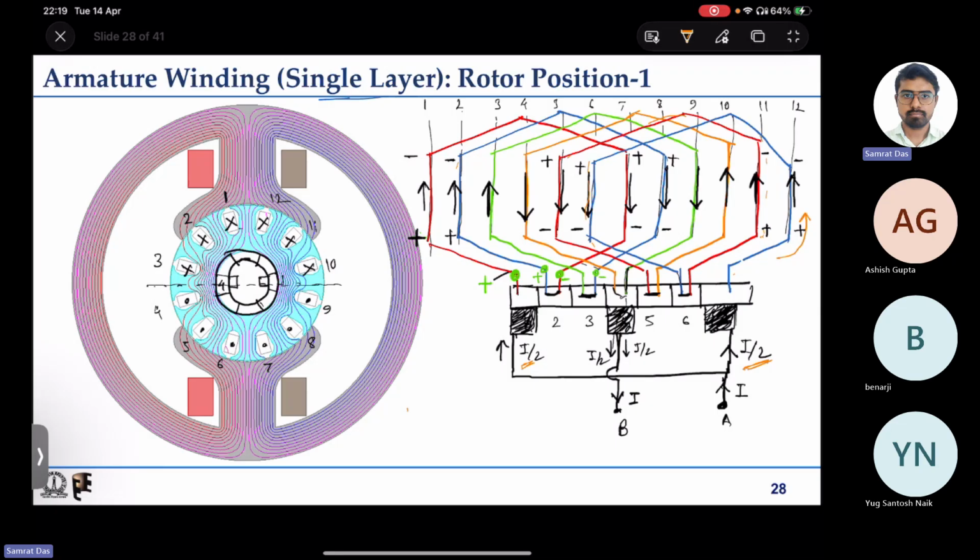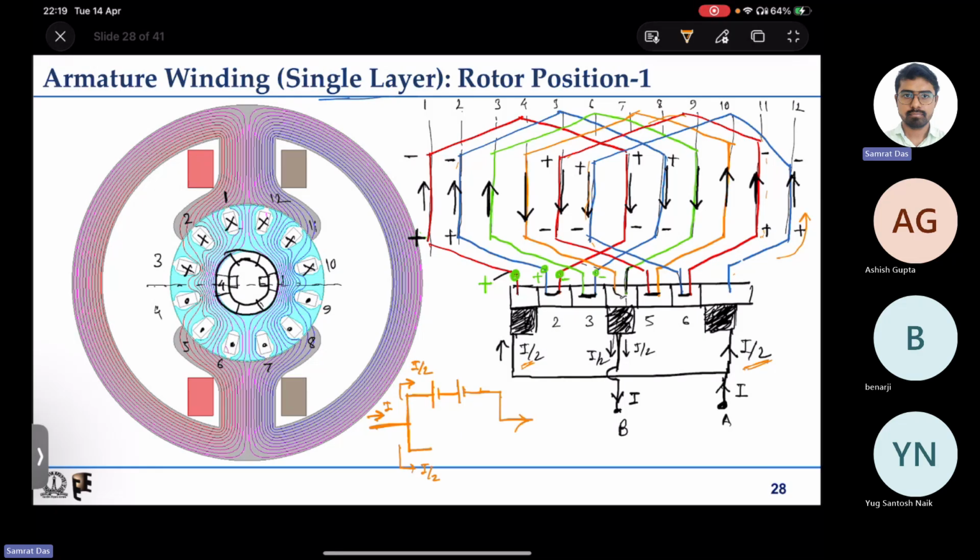So if I try to draw the equivalent circuit diagram, let us draw only the induced EMFs. So say this is the total current I, from there this is I by 2 flowing, this is another I by 2 flowing. In this path, first the induced EMF for coil 1, then induced EMF for coil 2, then coil 3 is like a short, so it goes and completes its path like this.